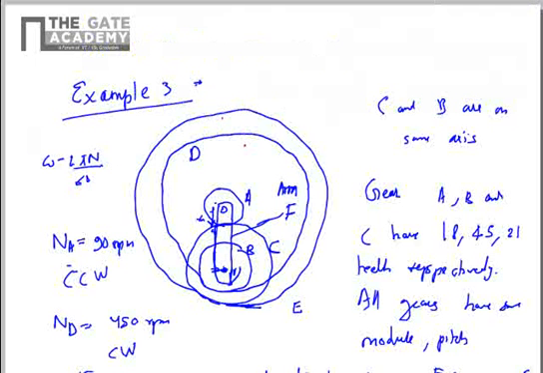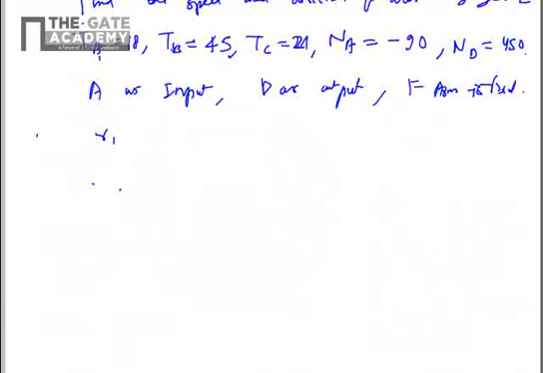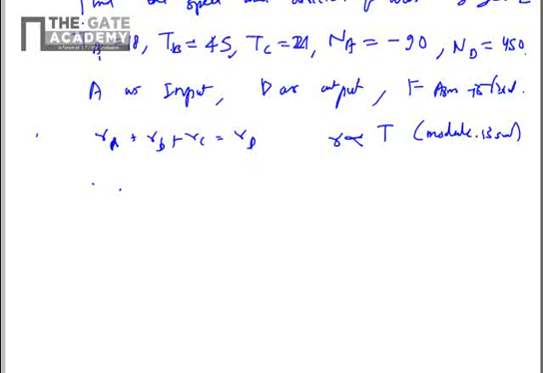And the distance from the center of A to this point is equal to RD. So this is RB, this is RC. You can see RA plus RC plus RB is equal to RD. Hence RA plus RB plus RC is equal to RD, and since radius is directly proportional to the number of teeth because the module is the same, the teeth follow the same relation.